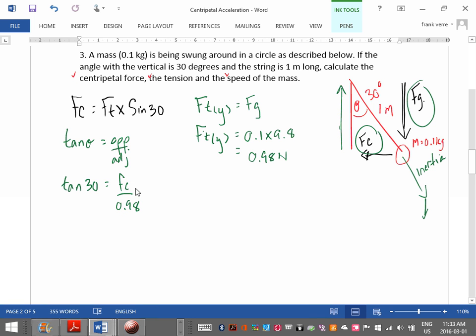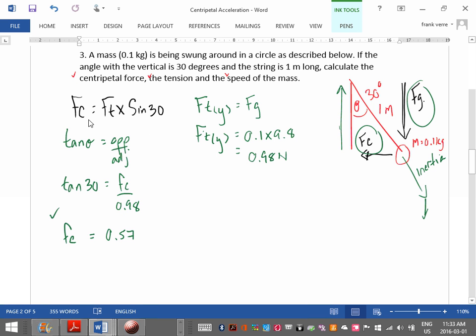Opposite over adjacent? Yeah, it should. So what does FC then become? 0.57. So there's our centripetal force.